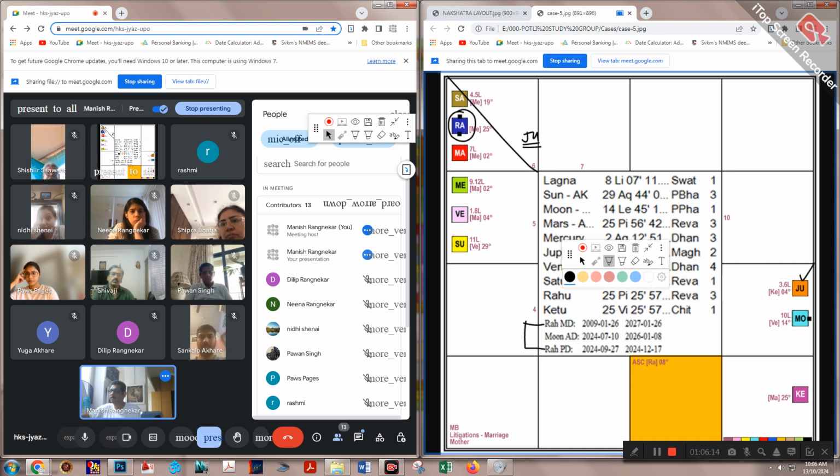This fellow is on, so automatically this fellow is also on. To add another tick to this fellow, the Bhukti is also on. Did you understand why Jupiter is on? Jupiter is also on because it is sitting with the Moon in the Antardasha.